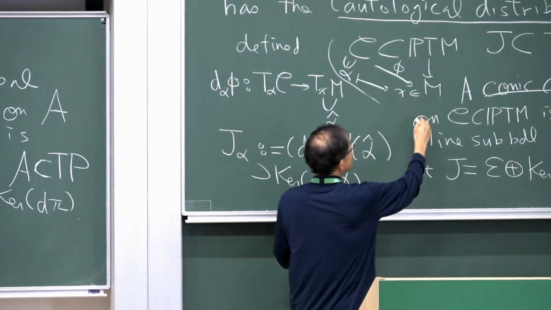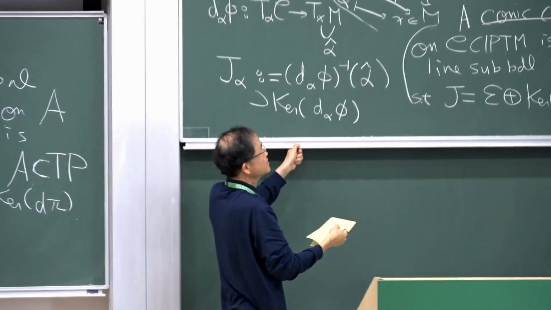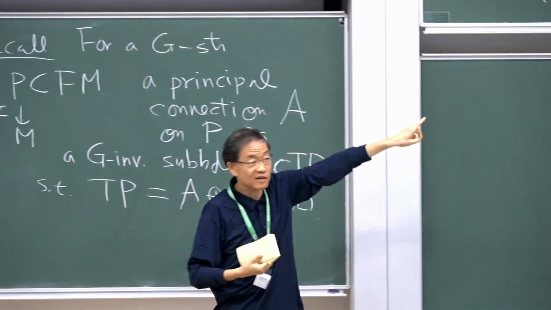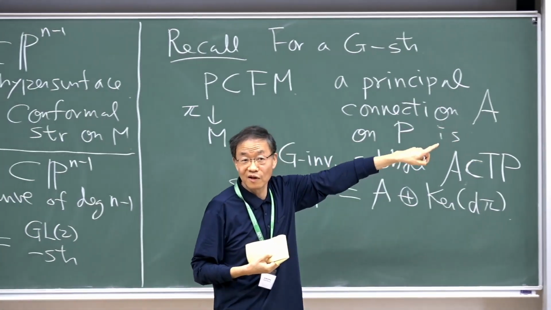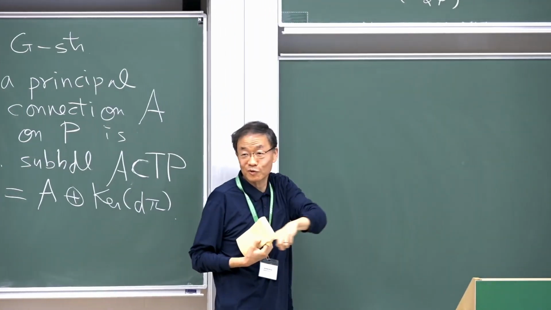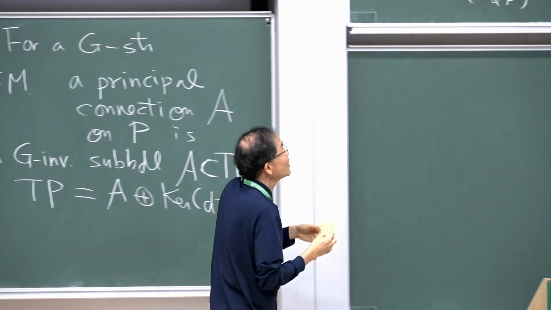That's the definition of connection. A connection on a cone structure is a conic connection. The name conic connection I found in the book by Manin on complex geometry and gauge fields. Maybe it was invented by Twistor people. So that's the name, conic connection.